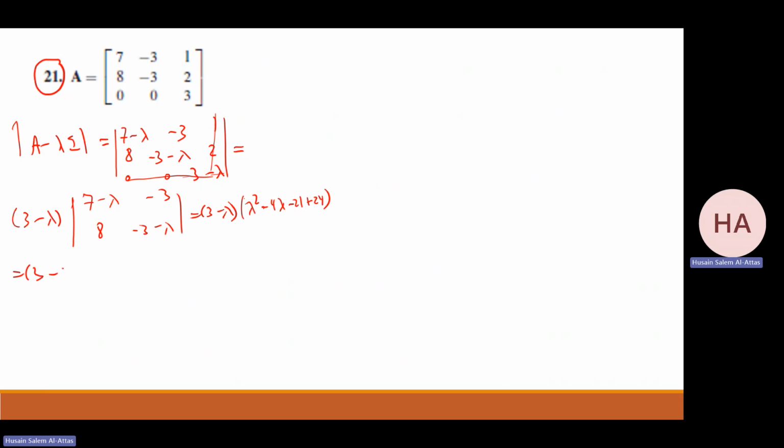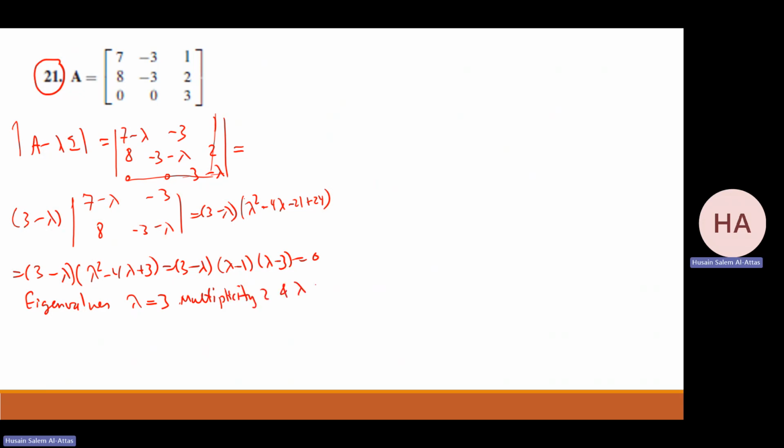That will be 3 minus lambda times lambda square minus 4 lambda plus 3, which is 3 minus lambda times lambda minus 1 times lambda minus 3 equals 0. So the eigenvalues: lambda equals 3 with multiplicity 2, or we can say 3 and 3, and lambda equal 1.